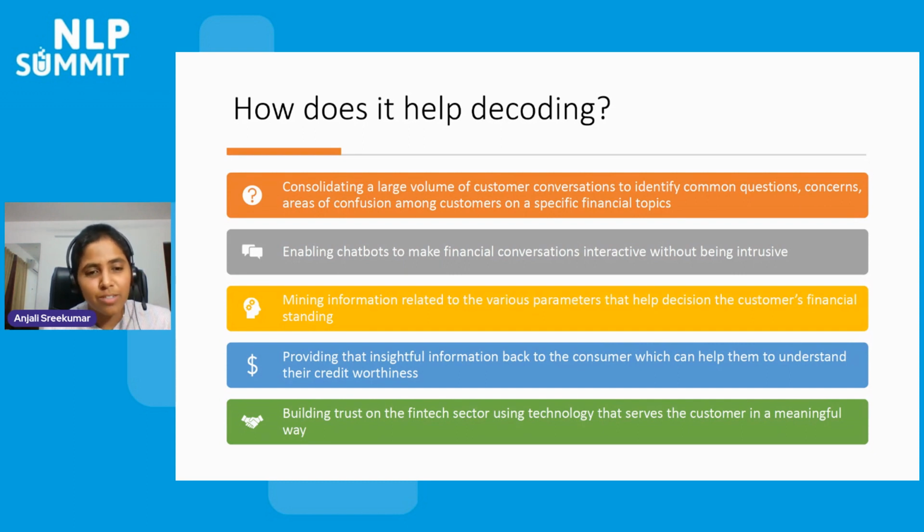So this not just builds trust, it also results in a winning customer and a happy customer, where they are confidently able to make decisions and negotiate with financial organizations for a better deal and for better value for their own financial situations. So this is the part where, if we are able to make sense of or decipher these minute pieces of information from the customer's conversation, that's what is being decoded, because we already have this data but we haven't been doing anything with it.